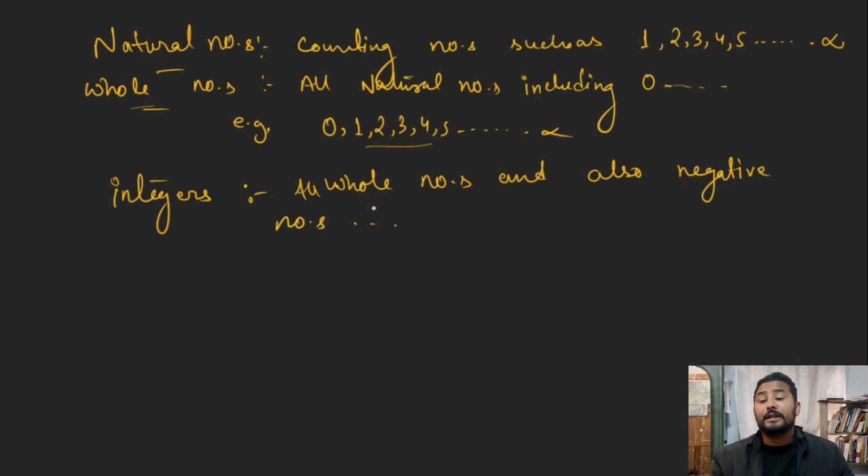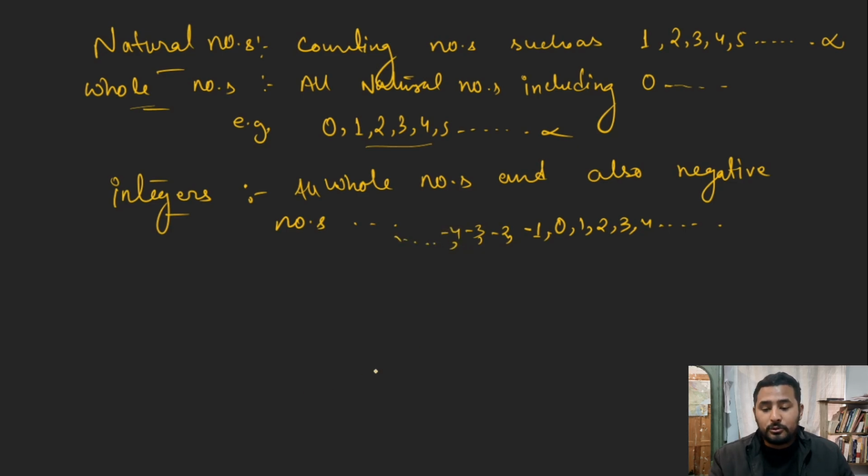We'll call it as integers. For example, what are whole numbers? 0, 1, 2, 3, 4, and so on, right? So now what are negative numbers? When you go to the left hand side of 0. Okay, so -1, -2, -3, -4, and so on.